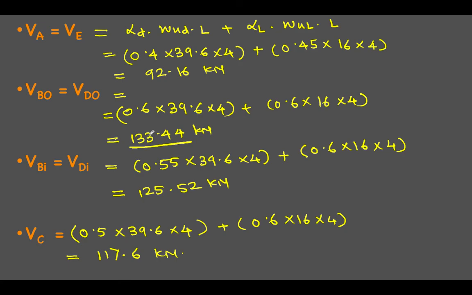We have identified its trial depth, then effective span, then we have calculated loads, and then we have analyzed the beam. Analyzing the beam means we have calculated positive moment at midspan, negative moment over support, and we have calculated reactions, that means shear values at different points. Is this clear? So this is it for now, because after this we have to start with the actual design of the beam, and that design we are going to see in the next session.